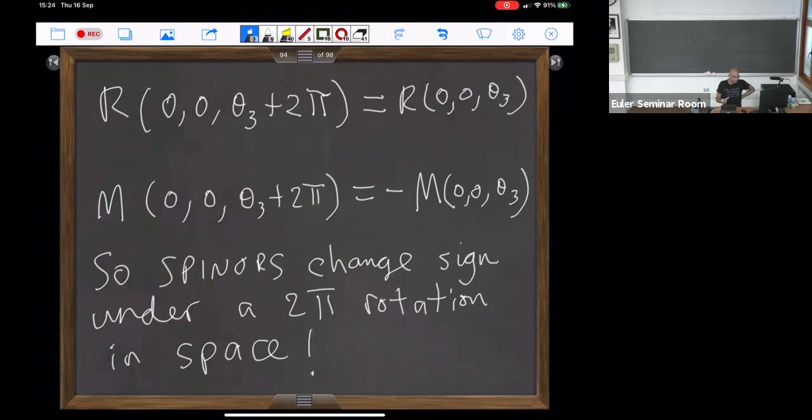In fact, in the three-dimensional representation of SO3, so 3 by 3 special orthogonal matrices, there is no -1, because minus the identity has determinant -1. So there's a map between the group SU2 and SO3 up to minus the identity in SU2, which is what you get whenever you take one of the angles and shift it by 2 pi.